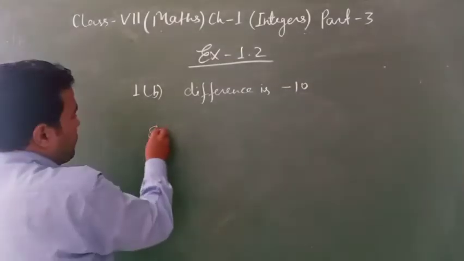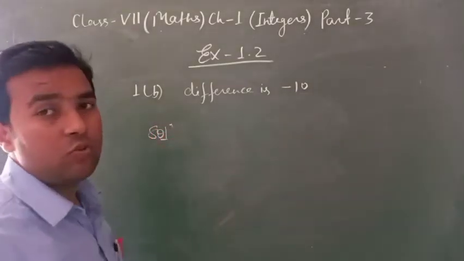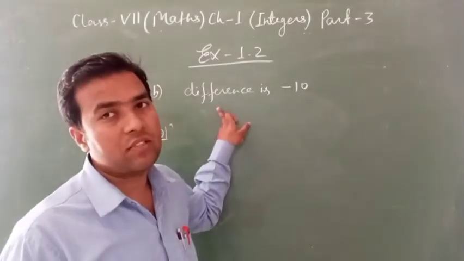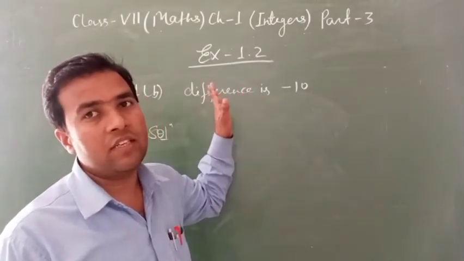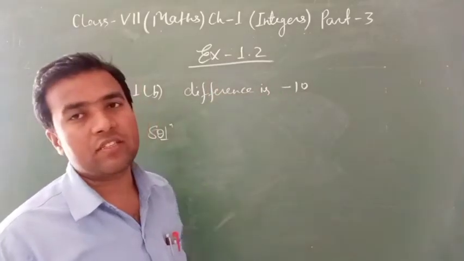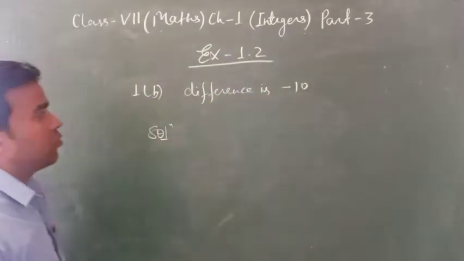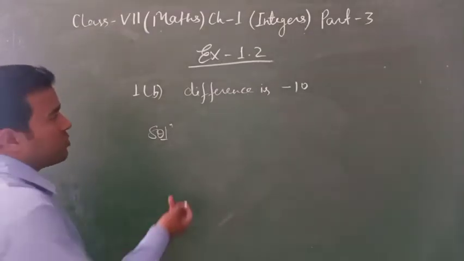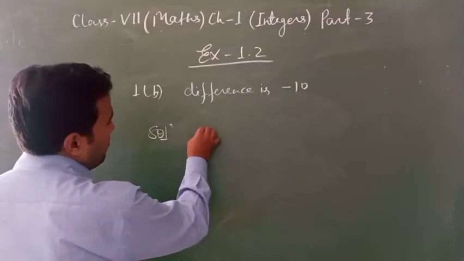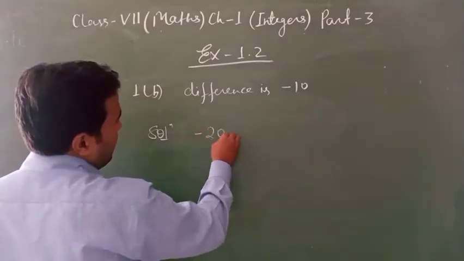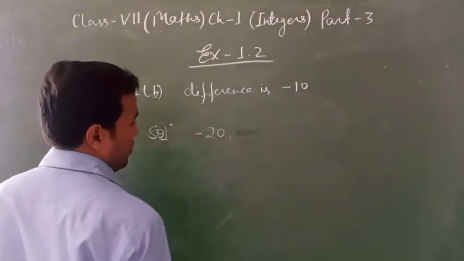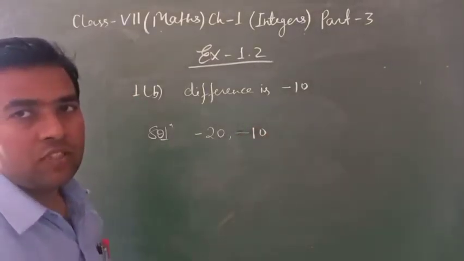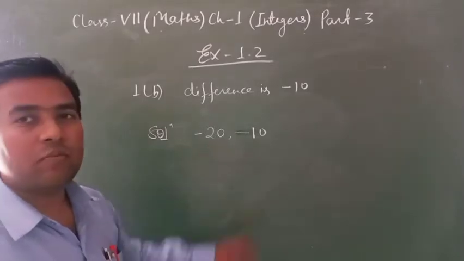So for the solution, you think of two integers, and if you find the difference between those integers, your answer should be -10. Suppose that you have taken -20 and -10. Two integers we have taken, -20 and -10. Clear?